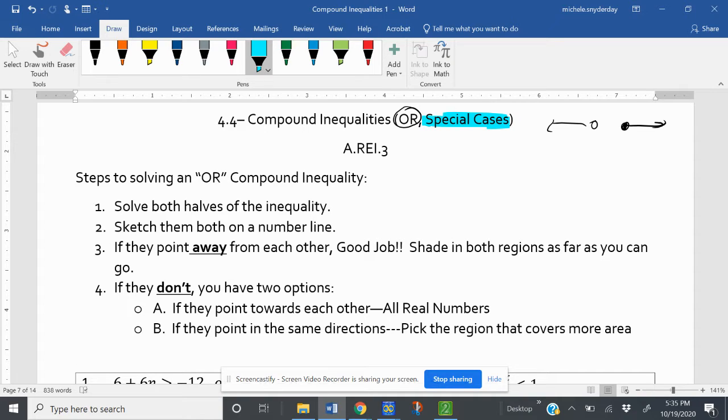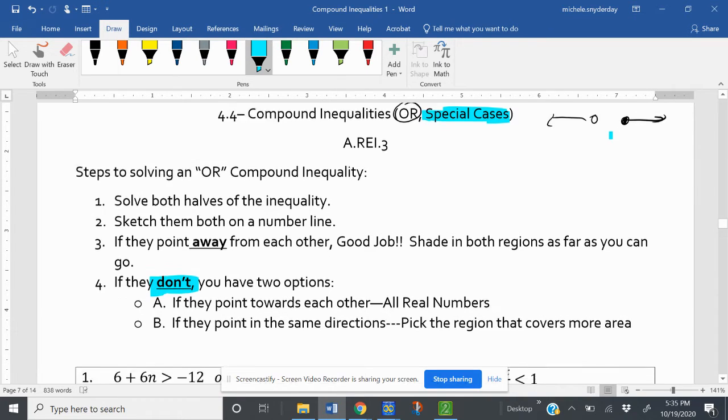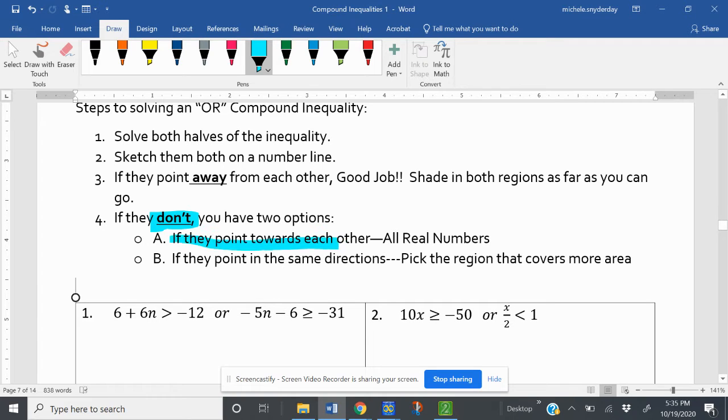If they point away from each other like this, then that's the way they're supposed to go. But if they don't, you have two options. If they point towards each other, if they look like an and, but they're separated by the word or, then it's all real numbers, because one's going this way all the way, and one's going this way all the way.